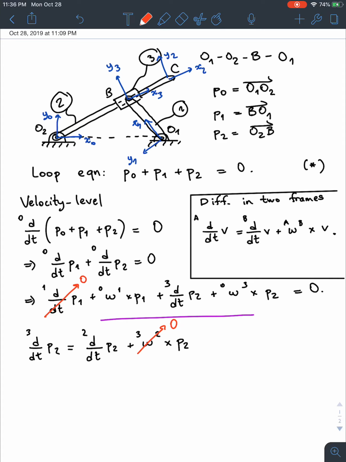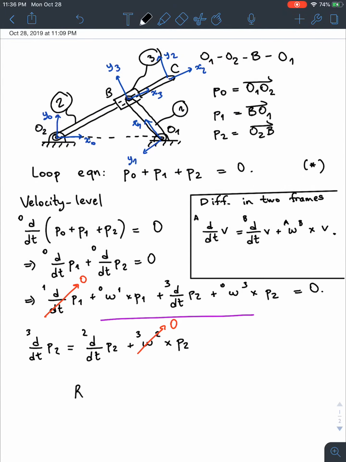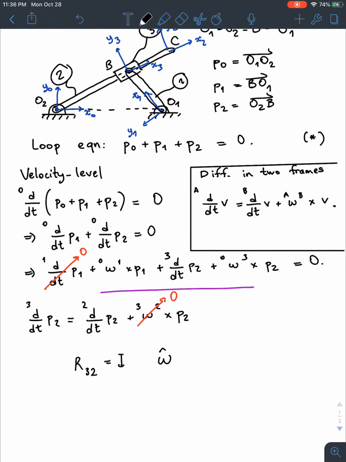What's the rotation matrix between 2 and 3? It's the identity matrix, right? Remember, the rotation of the second frame with respect to the third frame is the identity matrix. So if I use my definition of angular velocity, what would that be?